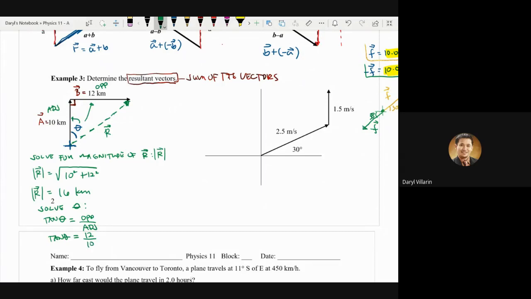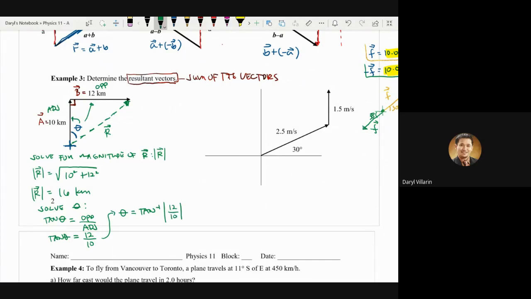By the way, in solving for the angle theta, the ratio of tangent theta is 12 over 10. But if you're going to solve for theta, you take the inverse of that.